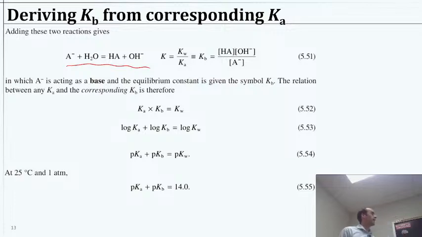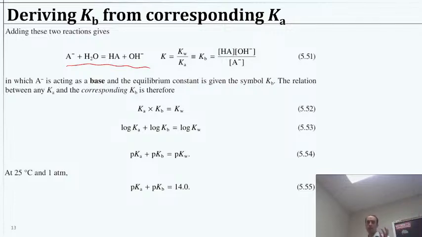That also means that the log Ka plus the log Kb is equal to the log Kw because of the log rules, which means the total pKa plus pKb for a given species sums to 14. It's just like pH and pOH, where we have some relationship that sums to 14, or the two together multiplied give us 10 to the minus 14 in water. In the same way, taking the acid constant plus its inverse is going to total to 14 on the log scale.